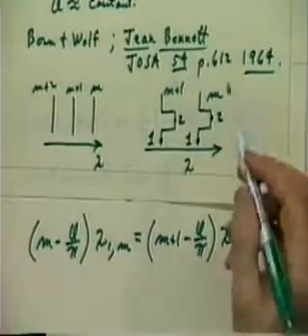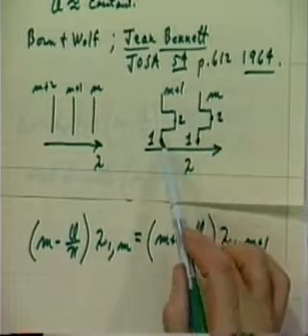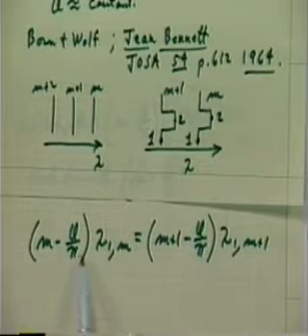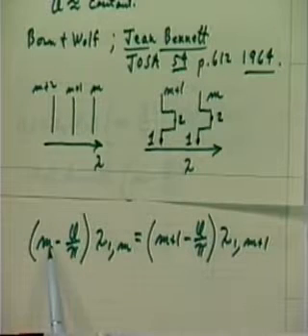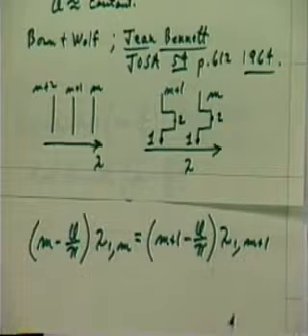So I simply look at point 1 for 2 consecutive fringes. I know that d is the same, and so I know that this quantity for order m must be equal to this quantity for order m plus 1. Okay?